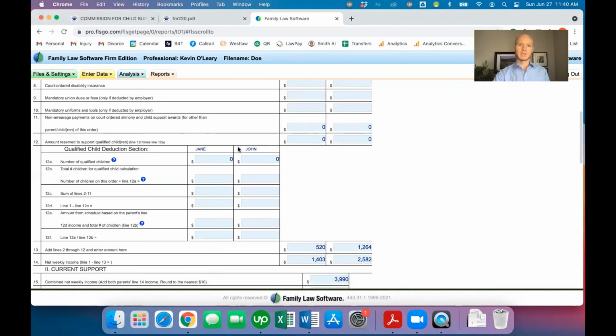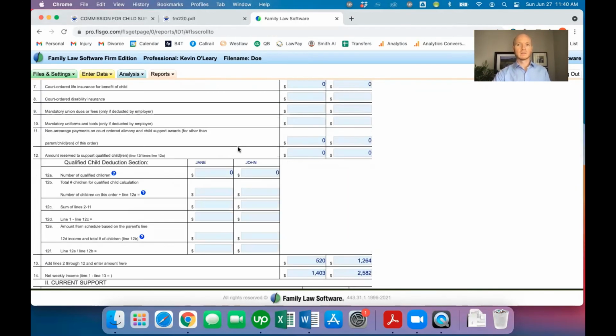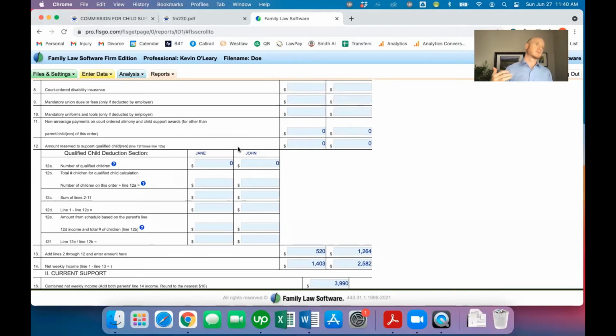Those are the basics. There's some additional nuances to the child support guidelines. If, for example, one parent has additional children from prior relationships who they have to pay child support for, that can change things a bit. Or if there are disability benefits that are received, let's say, one parent has the child living primarily with them, but they receive disability benefits based on the disability of the obligor.